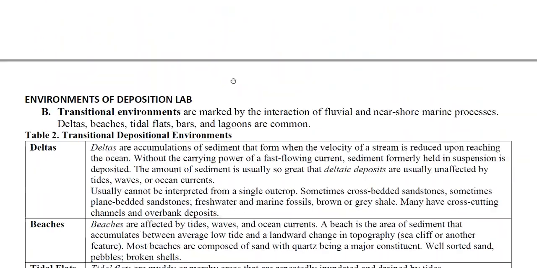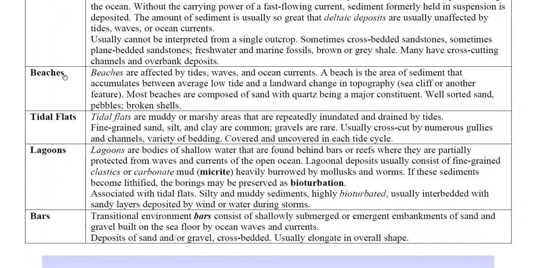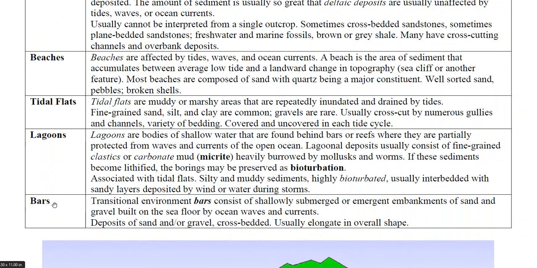Then the second environment is the transitional, and that's kind of the shorelines, the deltas, tidal flats, lagoons, right? So all those occur in here. Maybe we don't have them here on the west coast, but certainly on the Gulf Coast and the East Coast, there are those big tide bars or sandbars, like I'm thinking of Galveston, Texas.